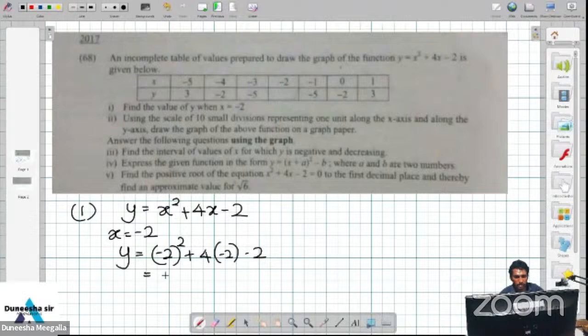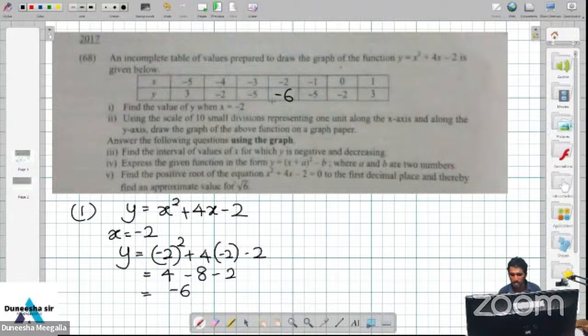Minus 2 square is plus 4, then minus 8 minus 2, then minus 10 and plus 4. It's minus 6. What is the answer? Did you get minus 6? Yes sir. Okay.